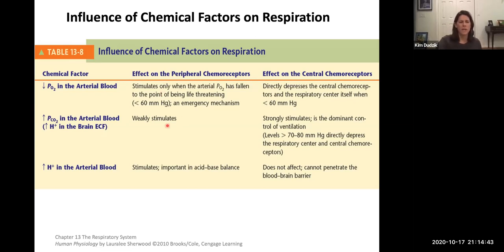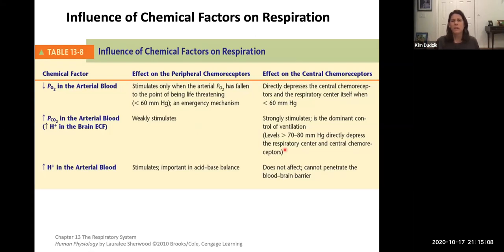Okay. Here, for the partial pressure of CO2 in the arterial blood, if the peripheral chemoreceptors detect that, it's pretty weak as a change in respiration, because your tissues all over your body are releasing a lot of CO2 all the time.